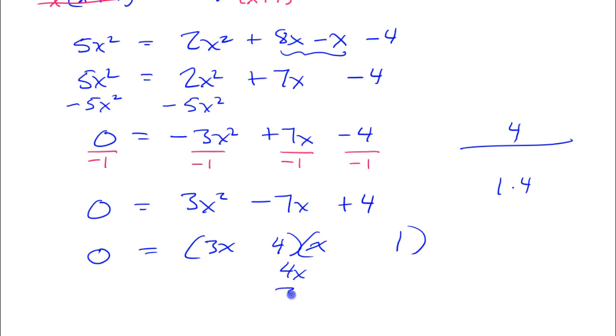Outer, I have 3x. To get negative 7, both of these would have to be negative. And fortunately, a negative times a negative is a positive 4. So this is good. Now we can get the solutions by setting these factors equal to 0 and solving.